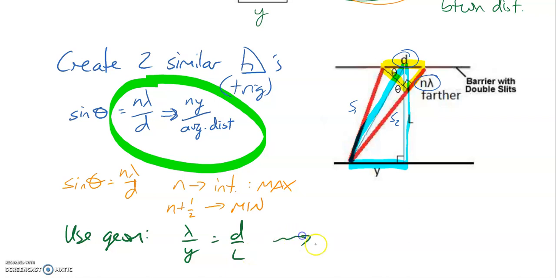If we rearrange this a little bit, lambda is equal to dy over L. Then you can use this to find different wavelengths, and that's exactly what they did. You can measure the d value, because you know how far apart the slits are. Once you have the detection screen, you can measure how far apart the bright spots are. That's the y value. And you can measure L because you know how far the light went. They could then use this to find the wavelengths of the different colors.